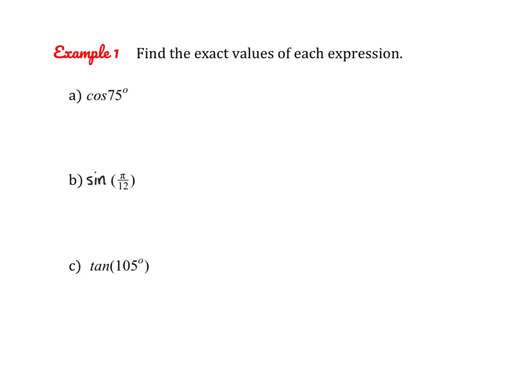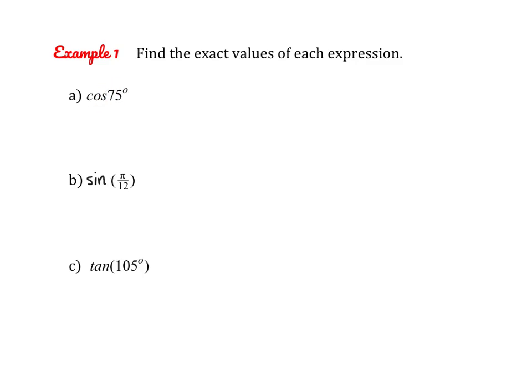Okay, so we use the sum and difference formulas to help us evaluate angles that we may not know exact values for. So for example, if I ask you to find the cosine of 75 degrees and you don't have a calculator, 75 is not one of our unit circle angles.